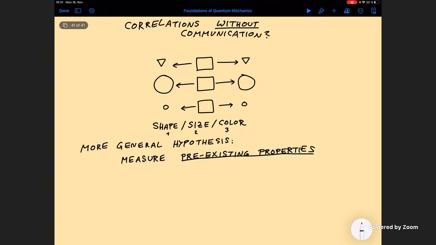Even when things get emitted from the source, they were already correlated. In that way, you don't have to communicate, because the correlations are already built in.